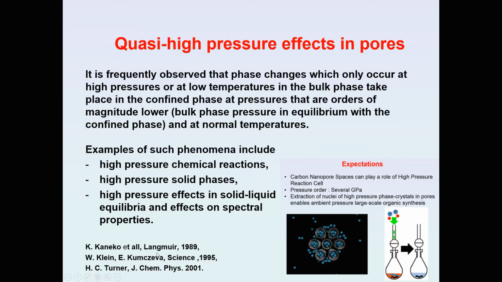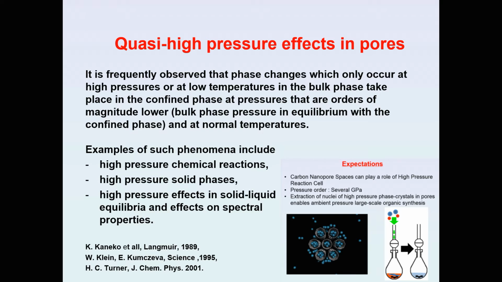The next interesting thing that is frequently observed is that phase transitions which only occur at high pressure or at low temperature in the bulk phase take place in confinement at ambient conditions. Examples of such phenomena include the rate of chemical reactions.